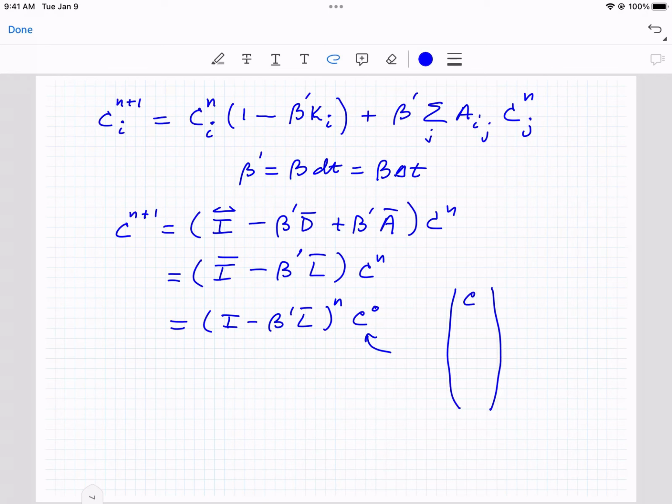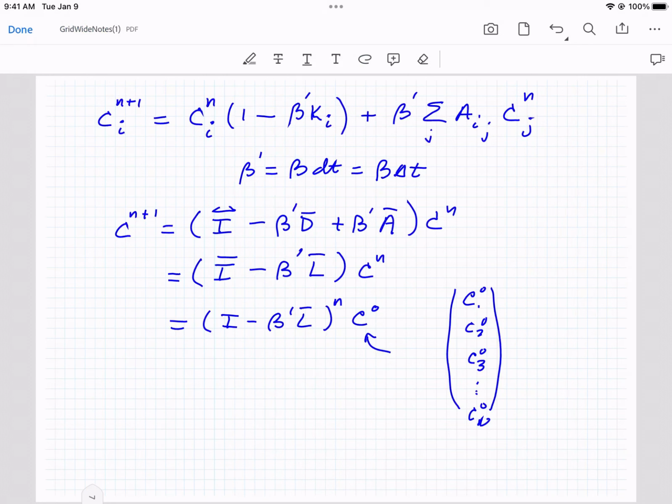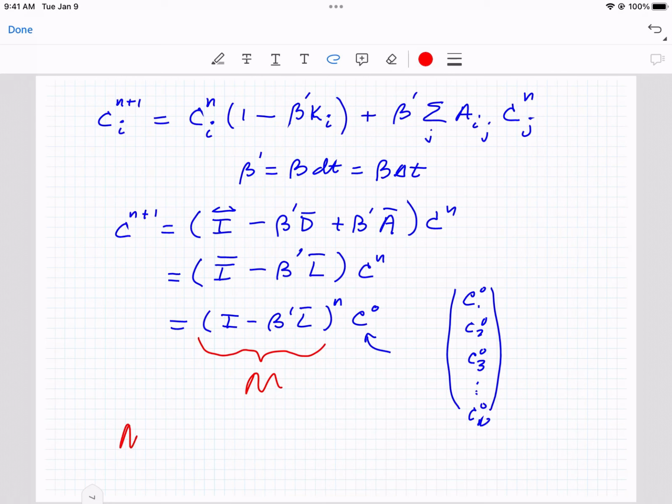So it's C10, C20, C30, dot dot dot to Cn0. So these are the concentrations on the n nodes, and then this becomes the Floquet multiplier. And so the Floquet multiplier, we'll just call that m. And so we just have that m is equal to the identity minus beta prime times the graph Laplacian.